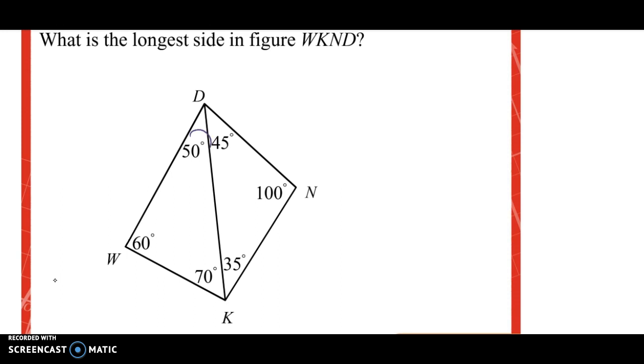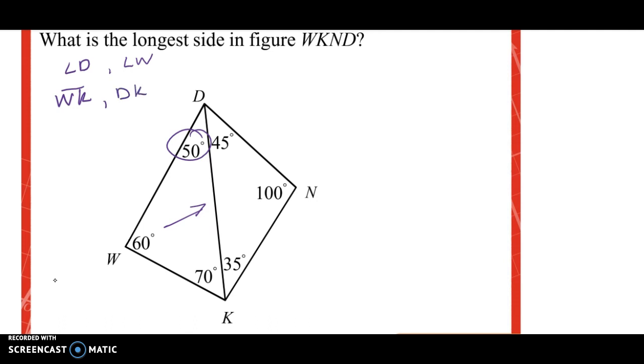Okay, angle 50 is the smallest angle, and that's across from WK. So WK is across from angle D. That's the smallest. The next one then is angle W. So the next side is DK in this triangle.